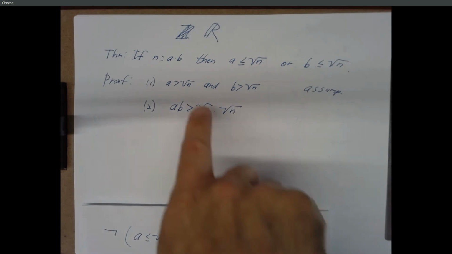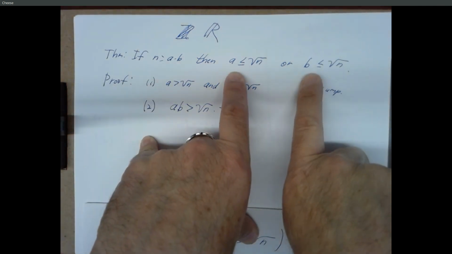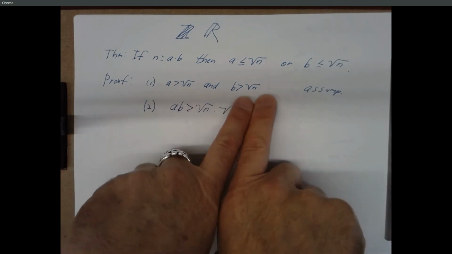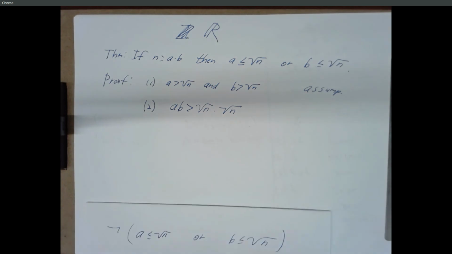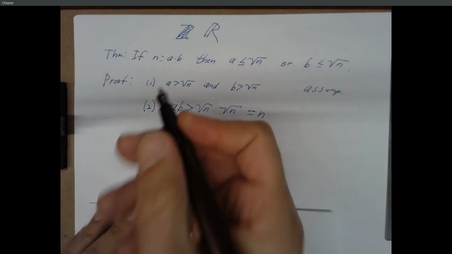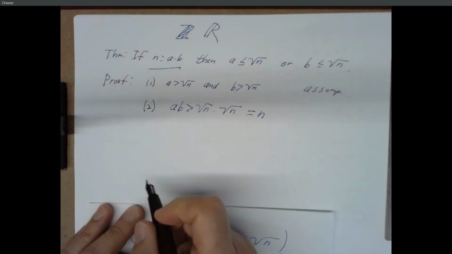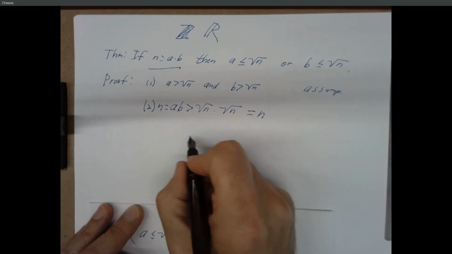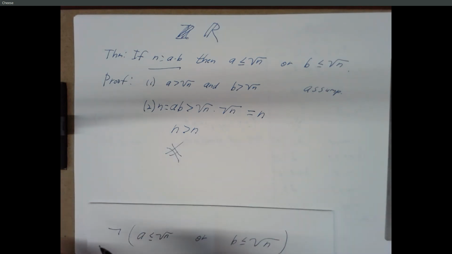And I should probably say A and B are positive, but if A and B are negative, then we know that these statements are true anyway. So if A is bigger than that and B is bigger than that, A times B is bigger than that times that. And what's the square root of n times the square root of n? N. But what's A times B also equal to? It's equal to n. So we've just shown n is bigger than n, and that's a contradiction.